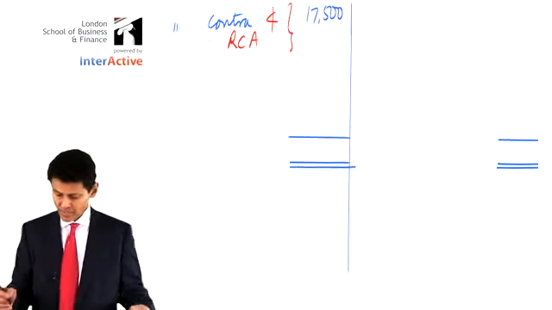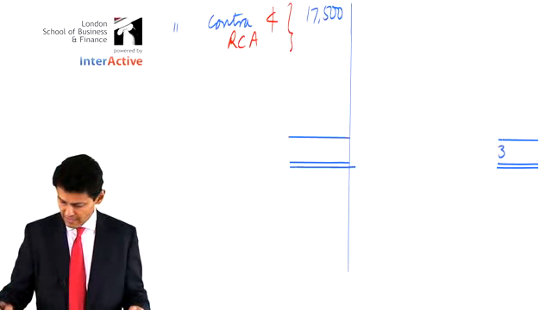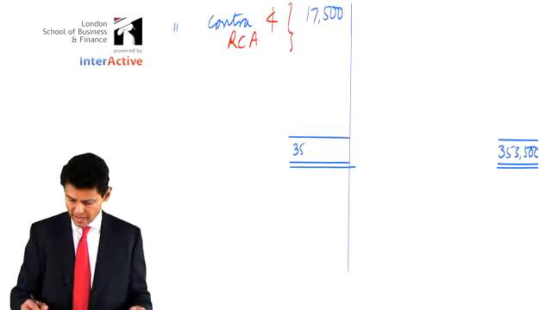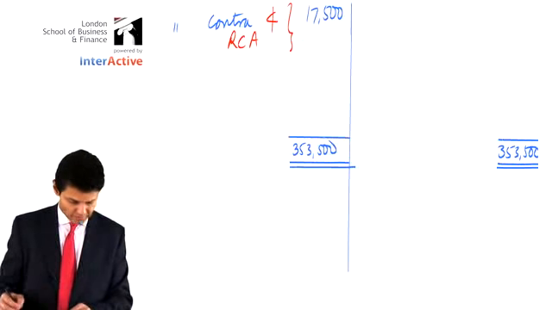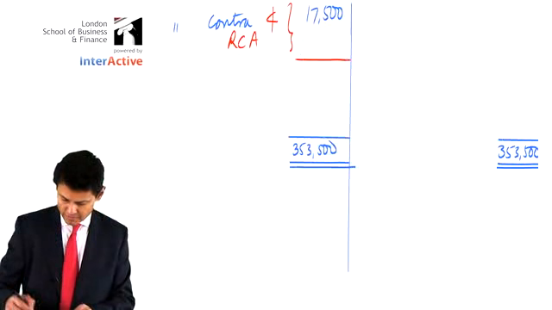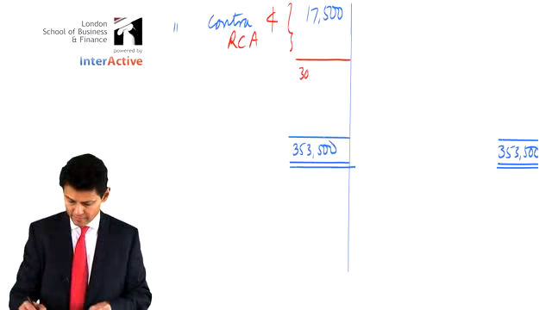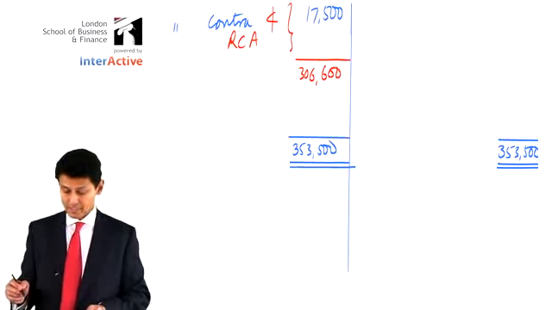So 353,500 is on this side. If I put the heavier side onto the lighter side, and this is 306,600 so far, adding up the debit side.